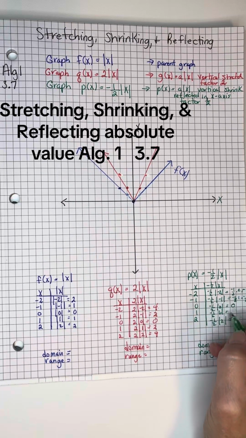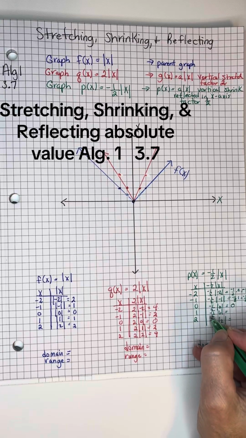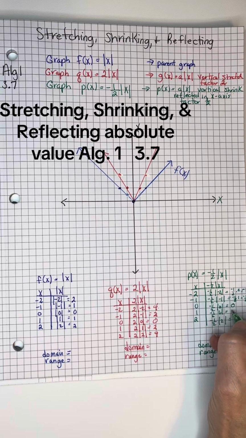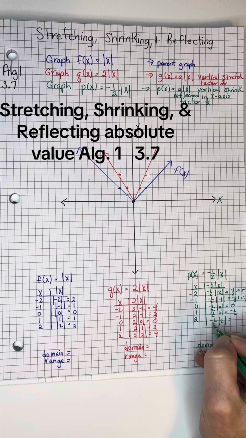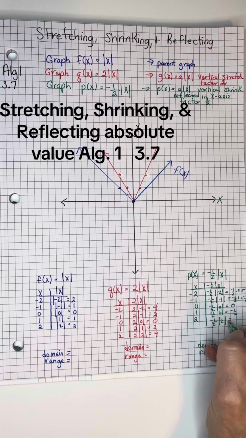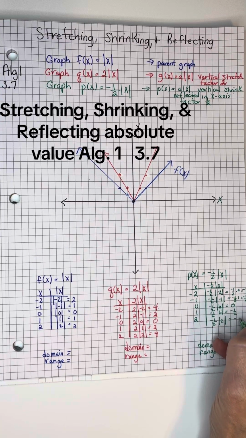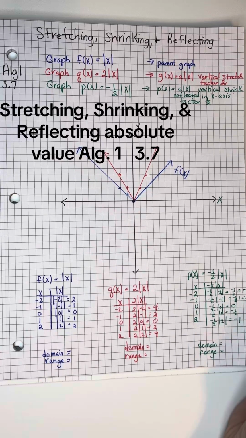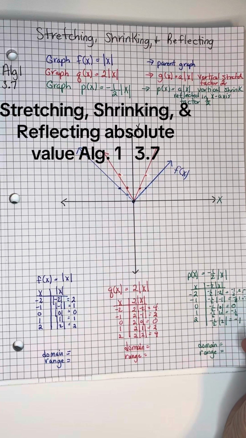And then we have -1/2 times 1 again. So I've got -1/2 again. And -1/2 times 2. That's going to be a -1 again. They're symmetric, so these numbers should show up again. Look, -1, -1/2, 0, and then -1/2, -1. That would be correct.